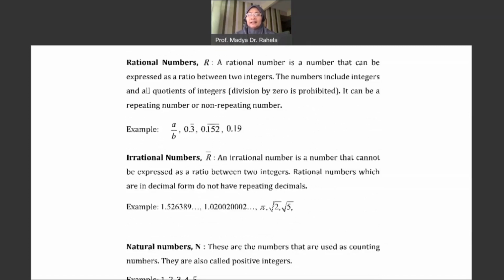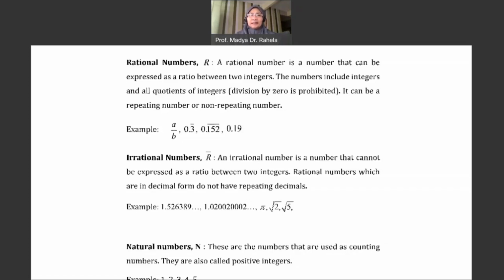Here it means that there are other numbers following 9, and we cannot predict the pattern of the numbers. What will be the next numbers? That is considered an irrational number. But for a rational number, we can predict the following numbers if it is repeating. That's the difference between rational and irrational numbers.